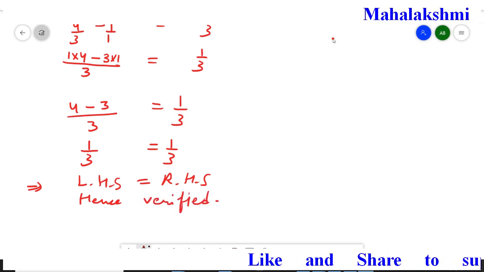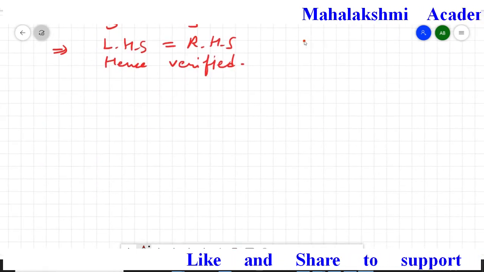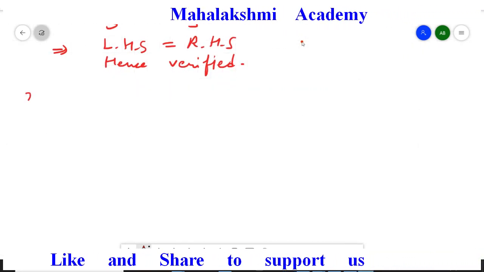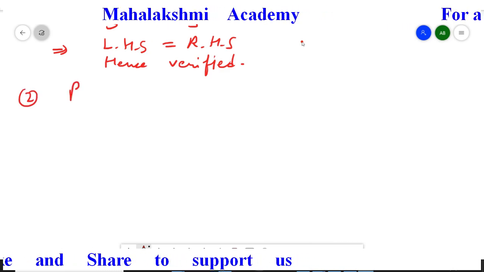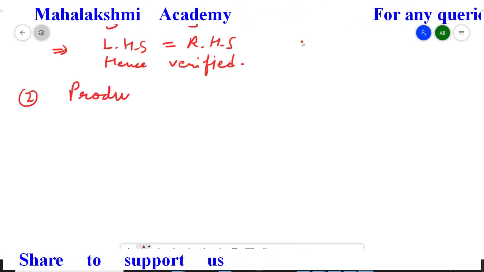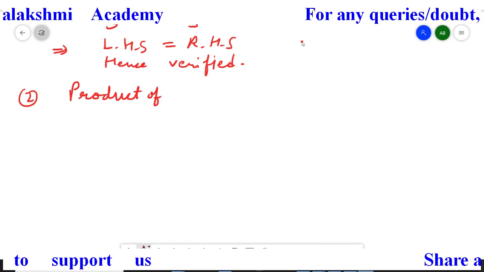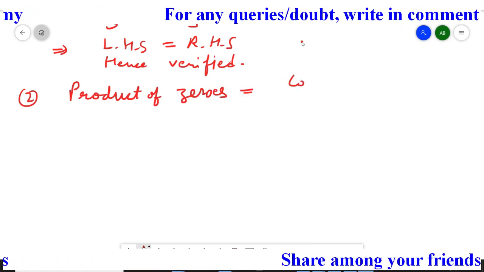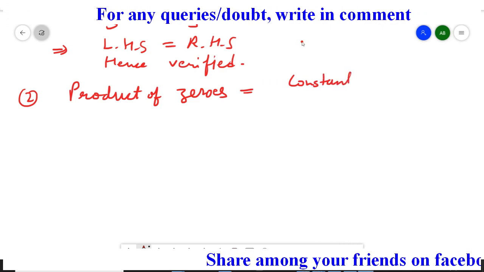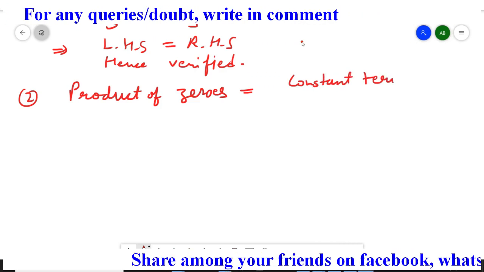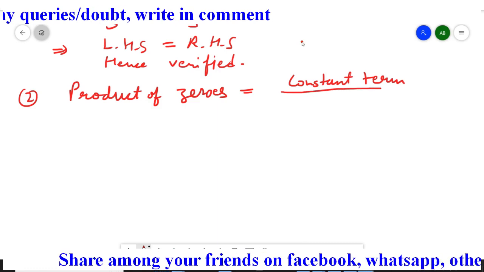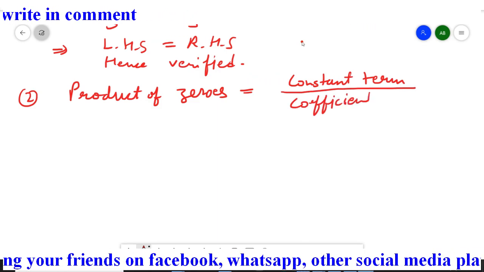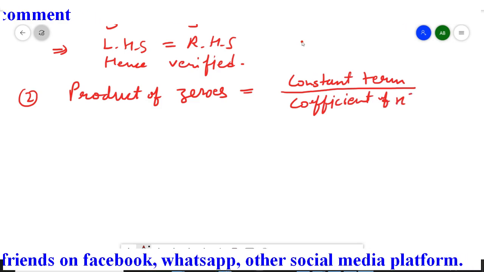Now we will move to the second relationship, that also I think you might have learnt. The second relationship is product of zeros is equal to constant term divided by coefficient of x square.